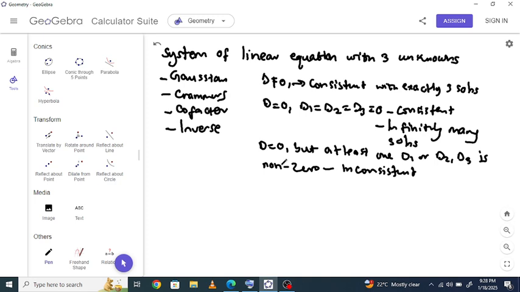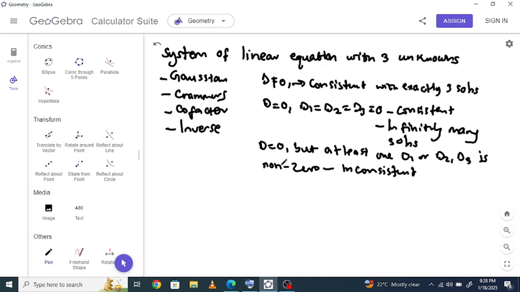When D is 0 and D1, D2 and D3 are also 0, the system is consistent but has infinitely many solutions. You can get a case where D is 0, but at least one of D1, D2 or D3 is non-zero. Then the system is considered to be inconsistent.